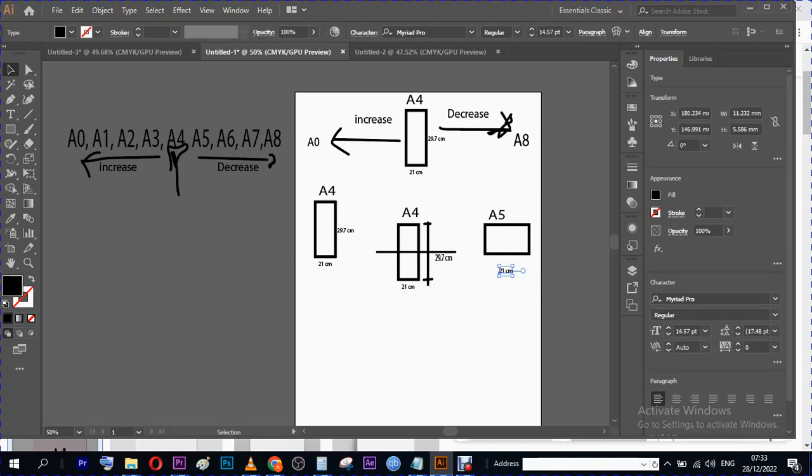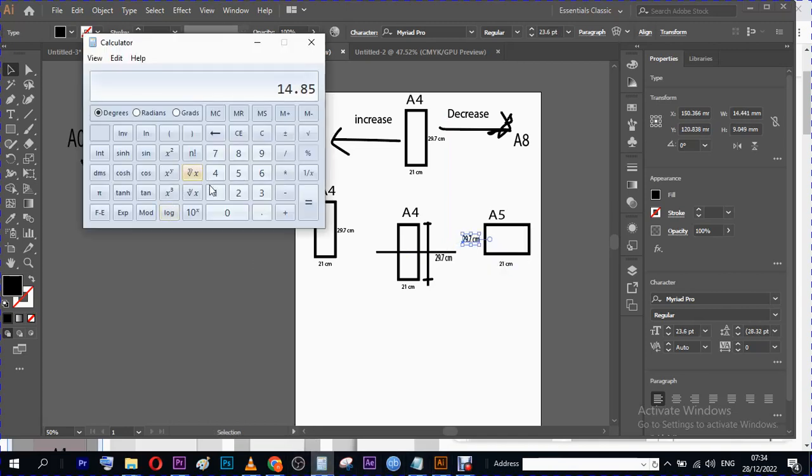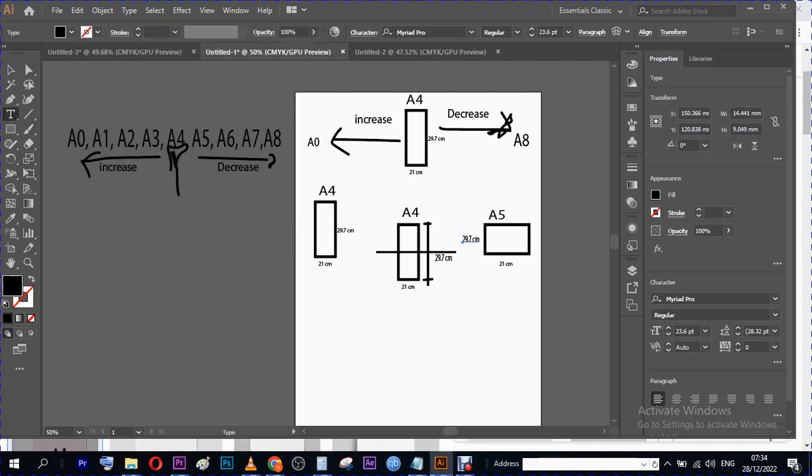This 21 remains constant because it is not tampered with, but this 29.7 is the one that was divided. When we used our calculator and divided 29.7 centimeters by 2, we created 14.85.